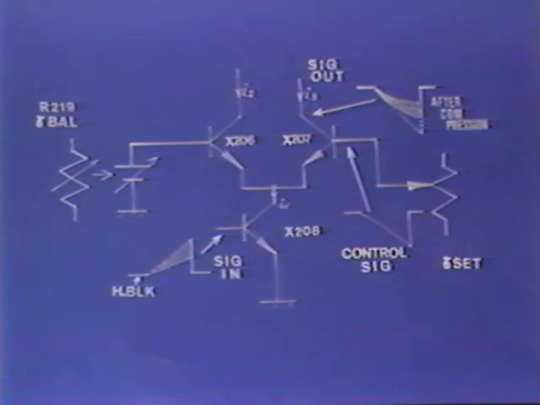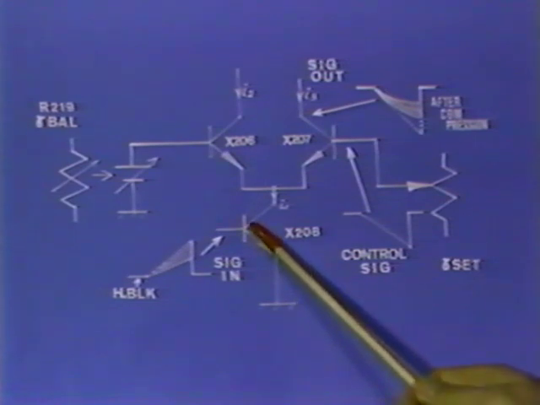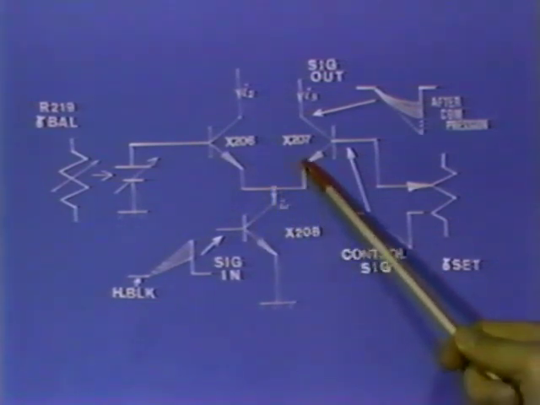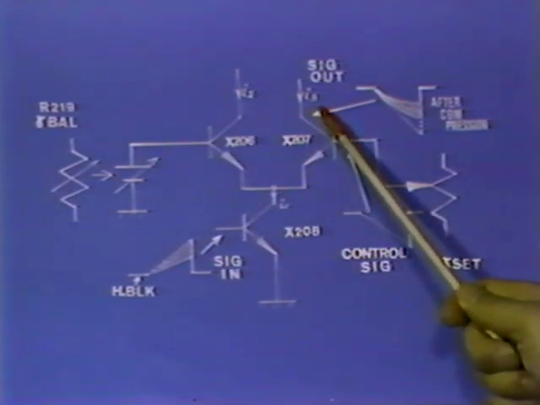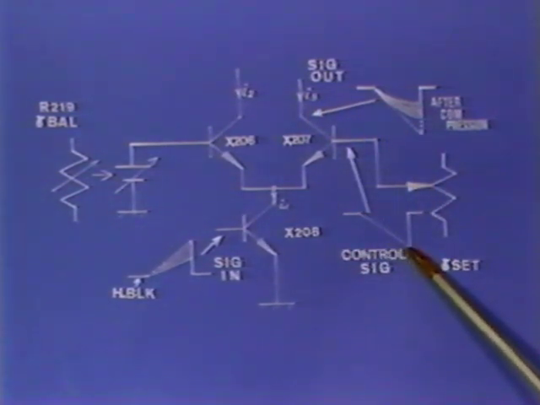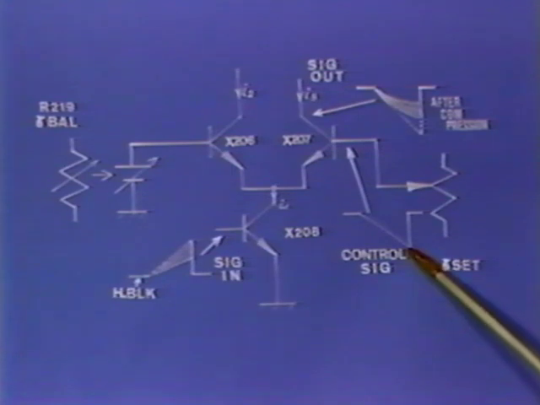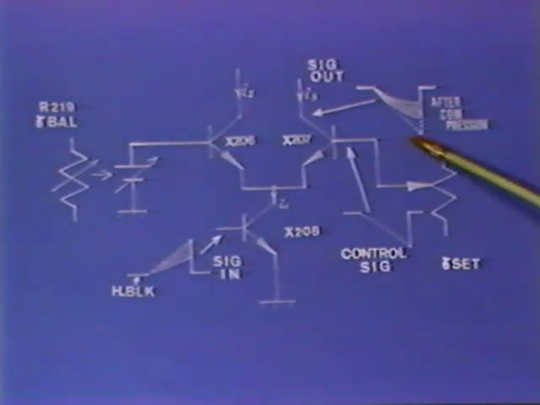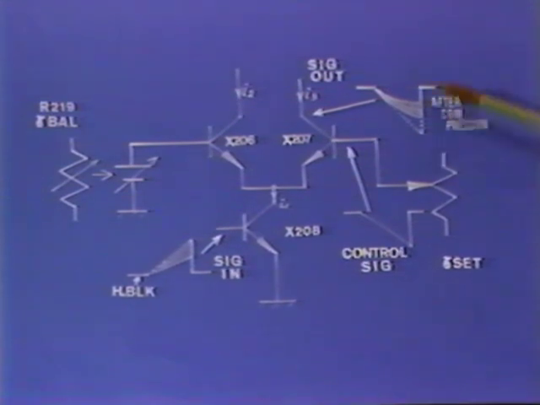As a result, the gains of X208 and X207, which are the signal pathway, decrease as the control signal increases. That is, even though the input signal increases linearly, the output color multiplex signal is compressed slopingly like this.